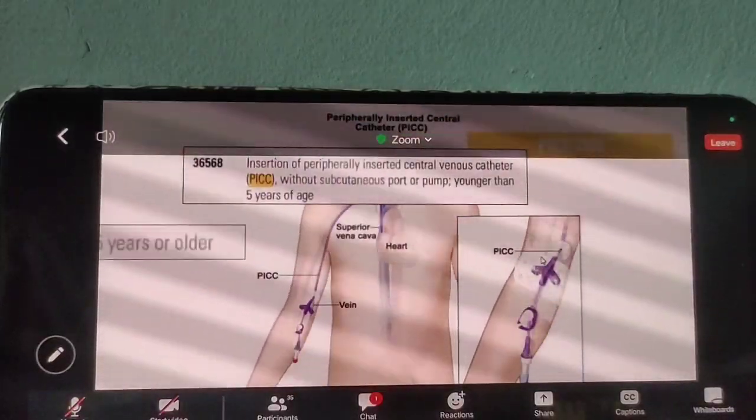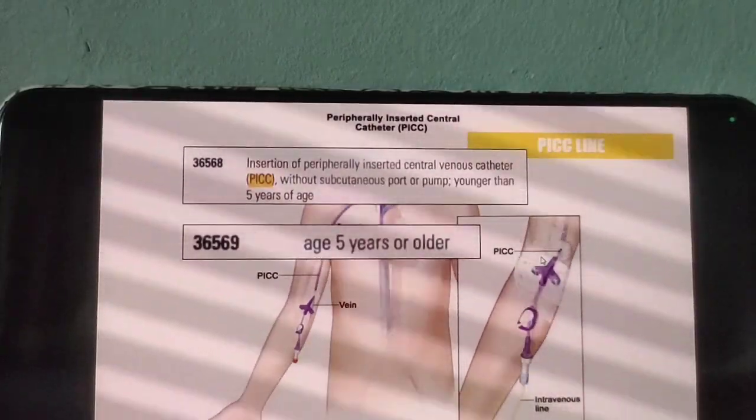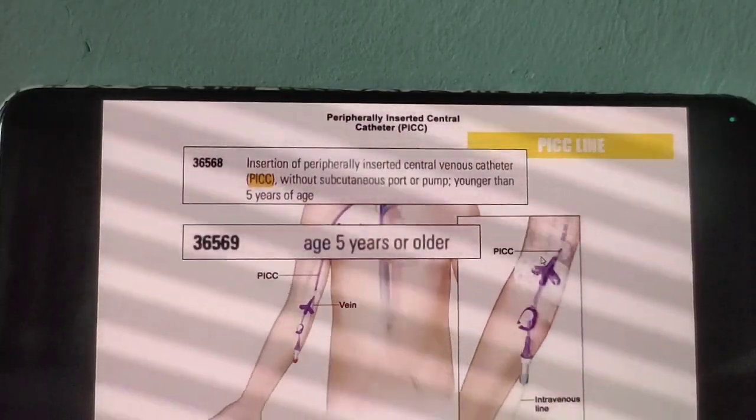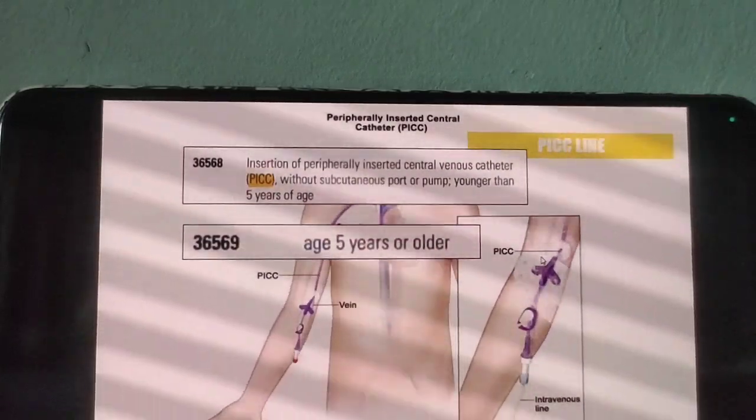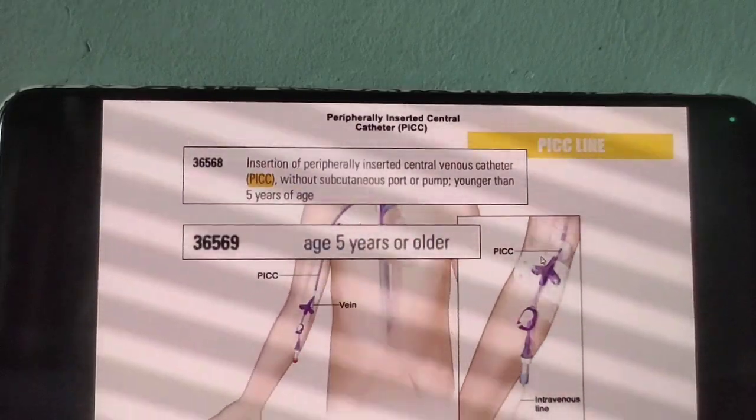Then these are the same for PICC, with the port or pump, 36566.